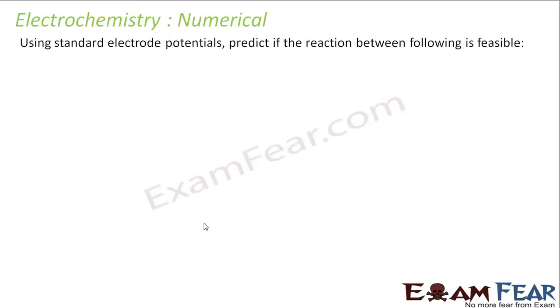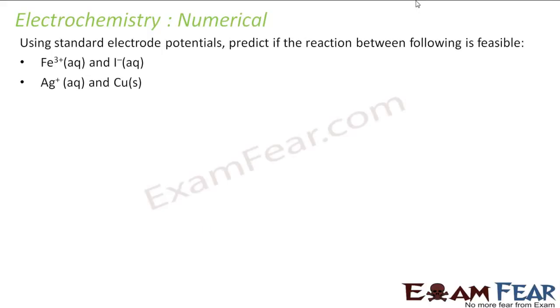Using the standard electrode potential, predict if the reaction is feasible. See, the reaction is feasible if my Gibbs free energy is negative, and since I'm talking about standard, delta G0 is negative. If that is negative, that means my reaction is feasible, and this is nothing but minus nFE0 is less than 0.